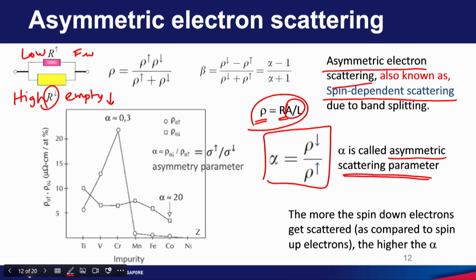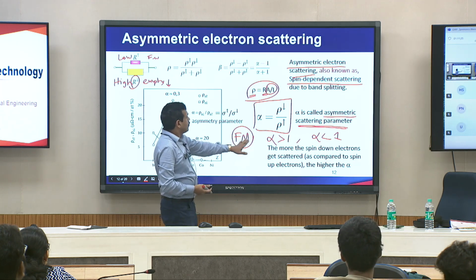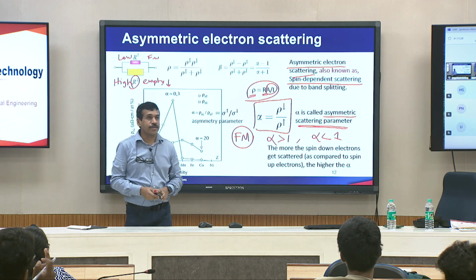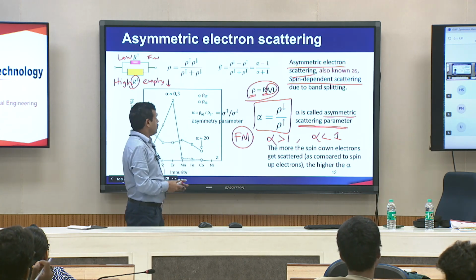Now tell me, is this alpha more than 1 or less than 1 for ferromagnetic material? Pardon? More than 1. Okay.